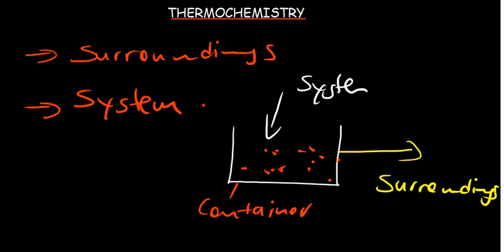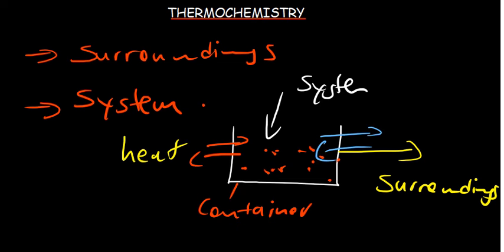As people dealing with chemistry, we need to understand that there is exchange between the system and the surroundings. Heat may enter a system or leave a system. Not only that, we also have exchange in terms of work.